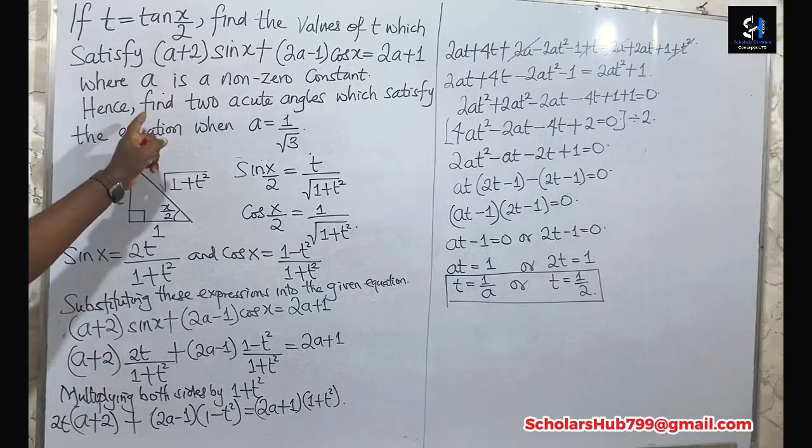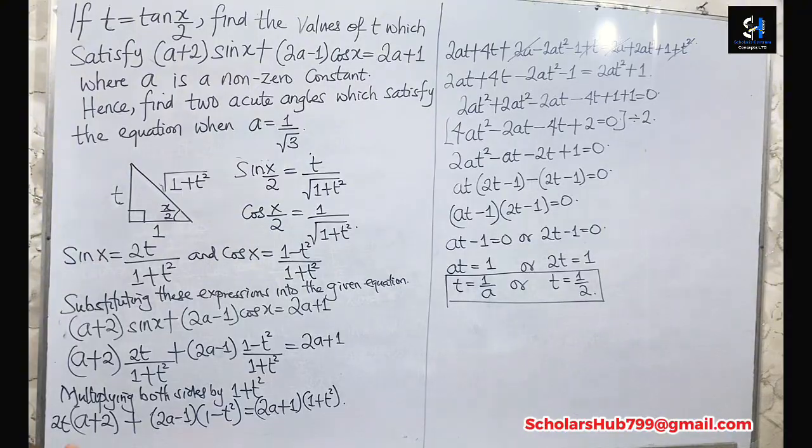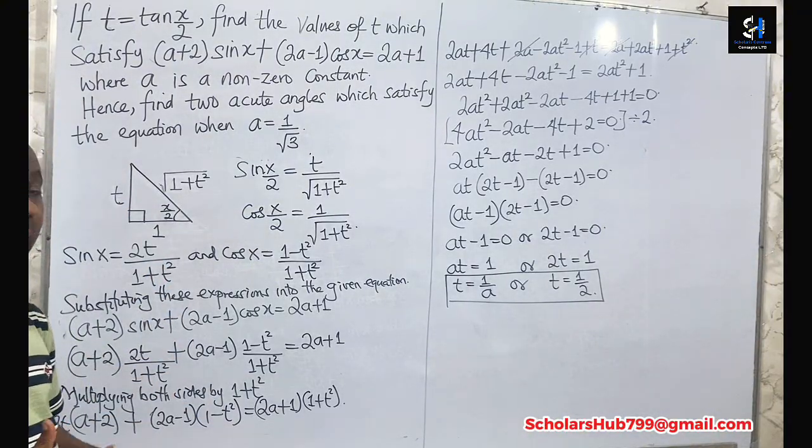All right, so hence we are asked to find two acute angles which satisfy the equation when a equals 1 over root 3.